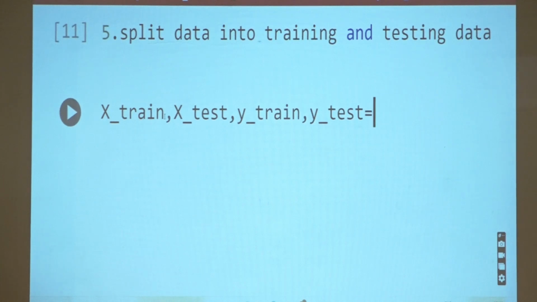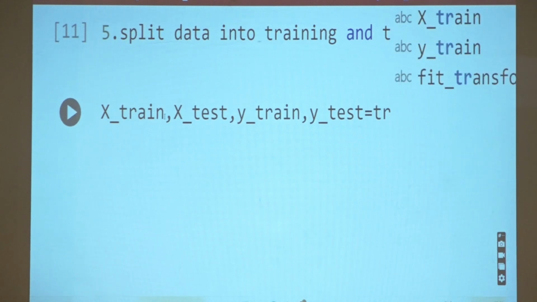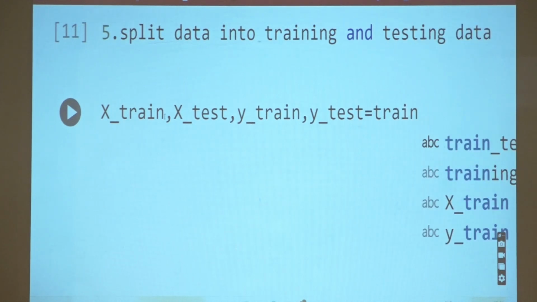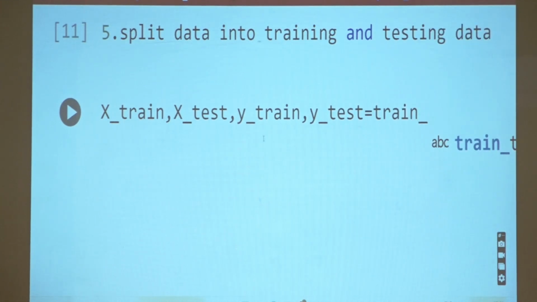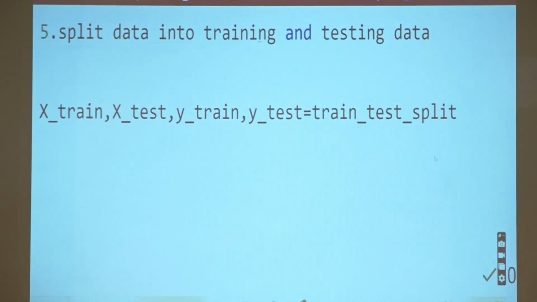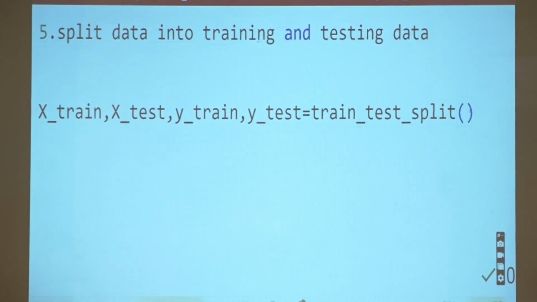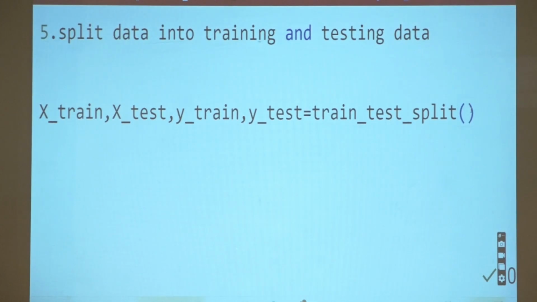X train, x test, y train, y test is equal to use the function train test split that we have already imported, and we'll pass some parameters inside that.